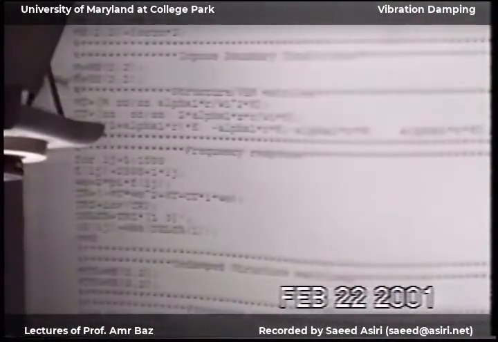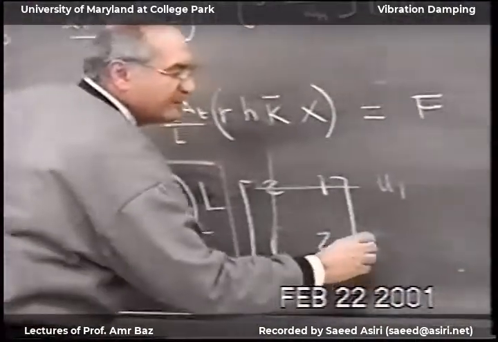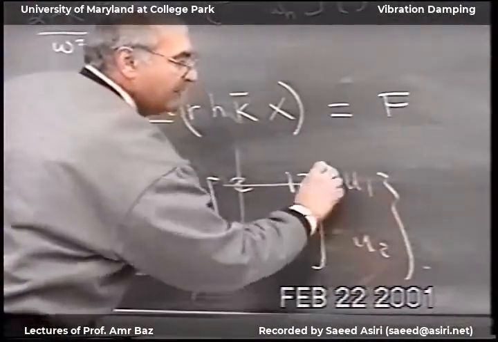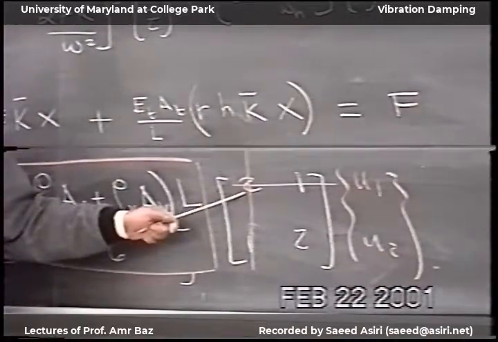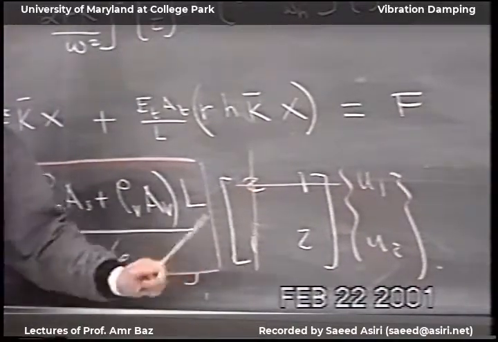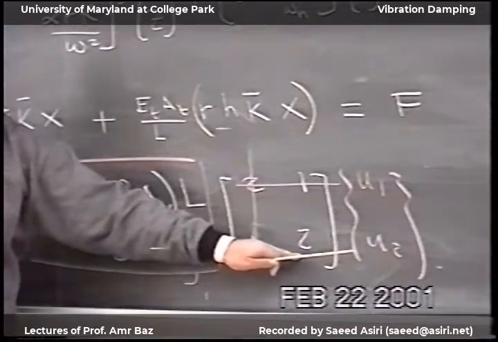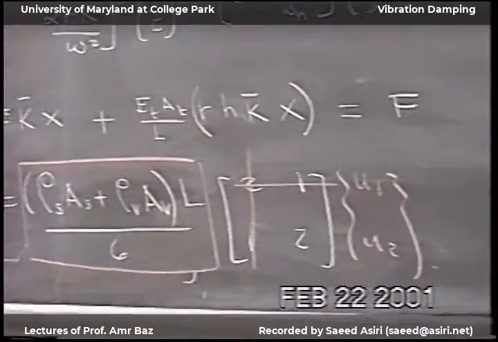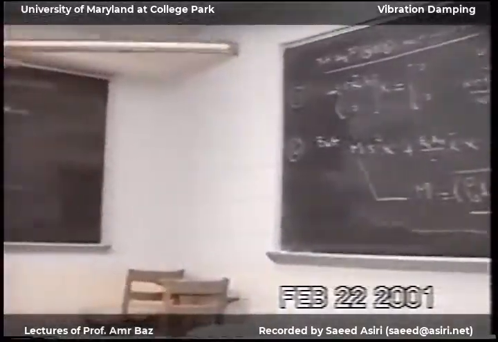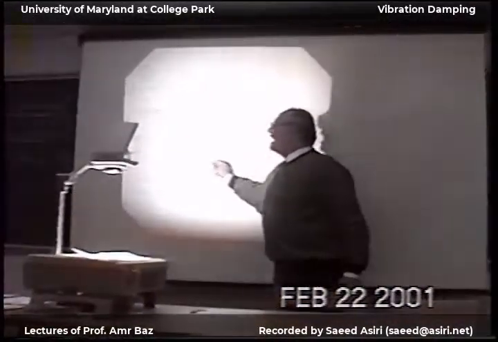I take this row, which is corresponding to U1, and this column, which is corresponding to U1, and eliminate them. I impose the boundary condition. The same for the stiffness matrix. So I only have element 2 and 2. That's element 2 and 2 for the mass and the stiffness matrix. Now I have them. I go and generate this matrix.